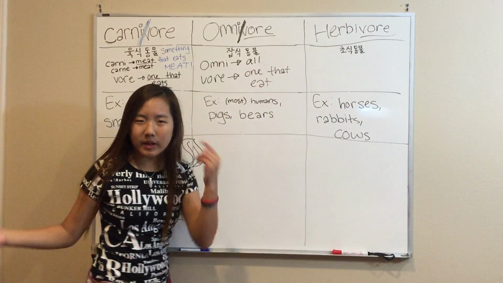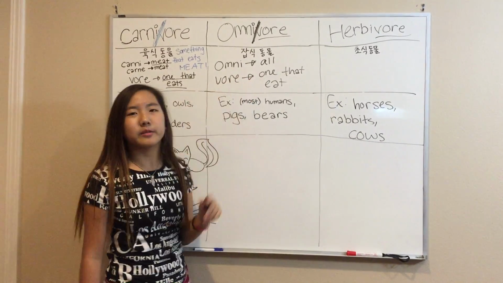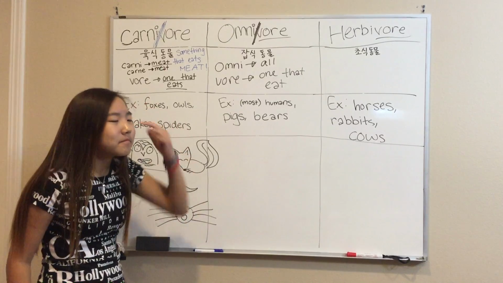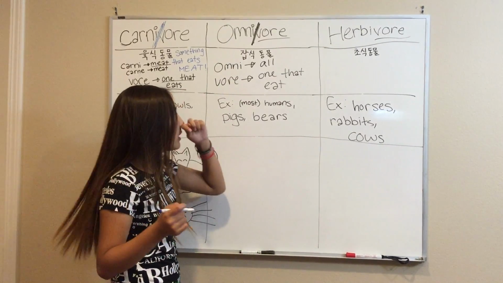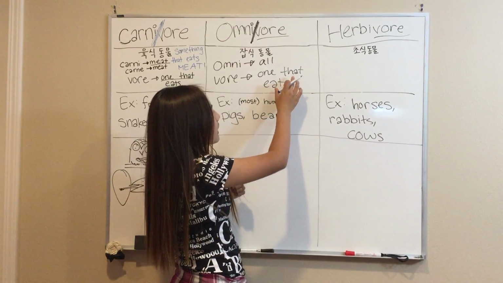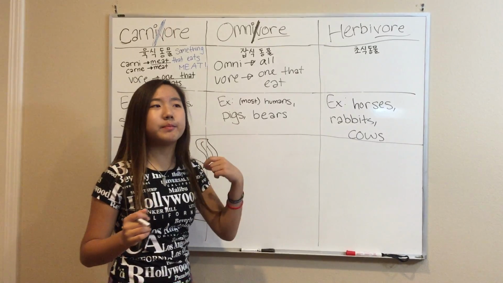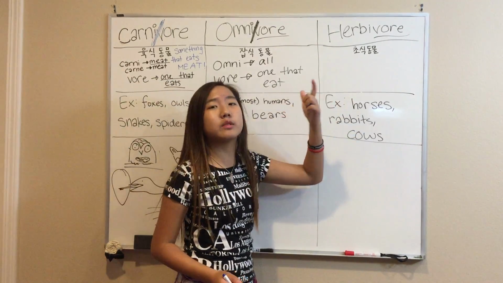So let's think about it again. Use this as kind of a hint. So think, what would the omnivore mean? Well, if you put these together and think about it for a little bit, it would kind of be like one that eats all. So something that eats everything, both meat and vegetables and plants.